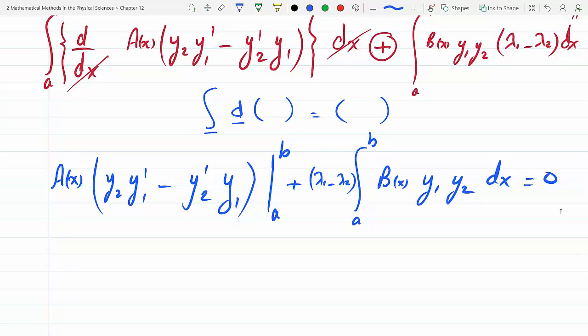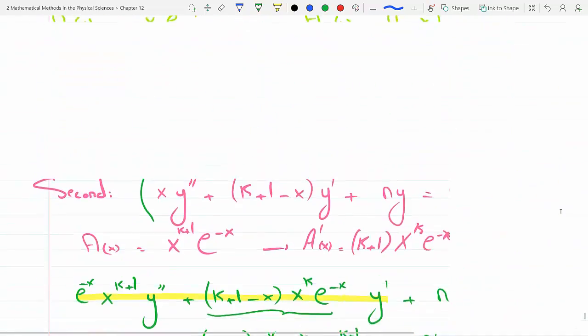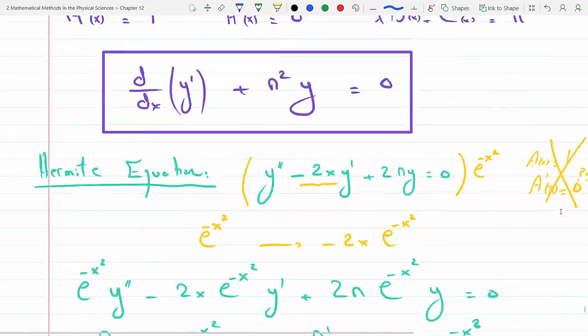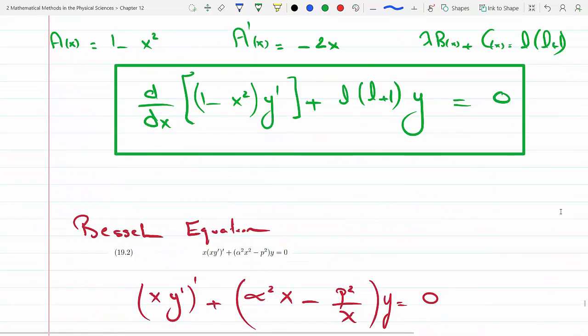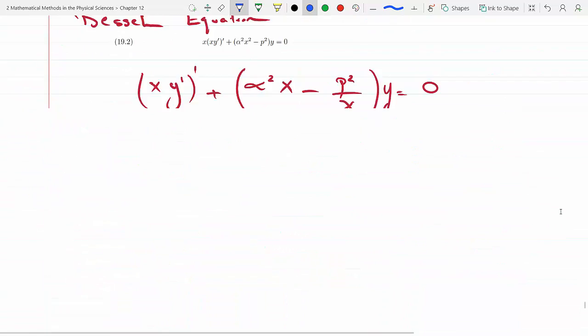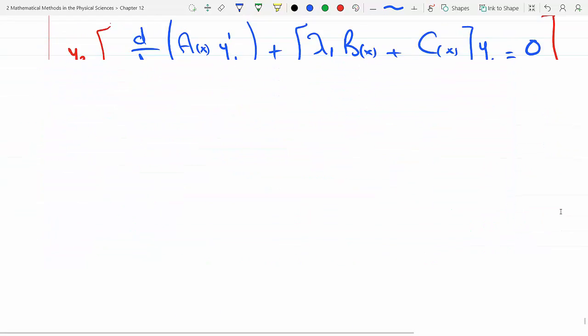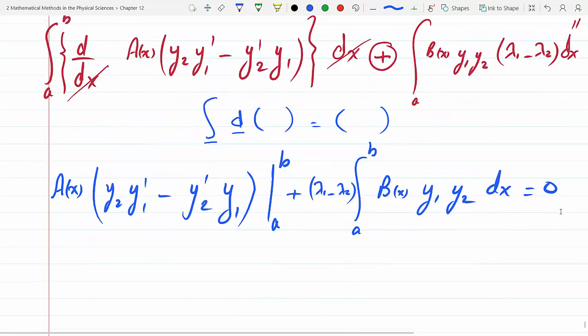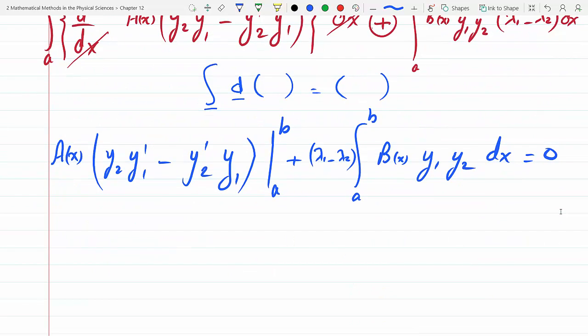Now the question stipulates, if you look back, that this would be orthogonal as long as a of x times y1 prime y2 minus y2 prime y1, evaluated from a to b, equals 0, meaning the first component here goes to 0.